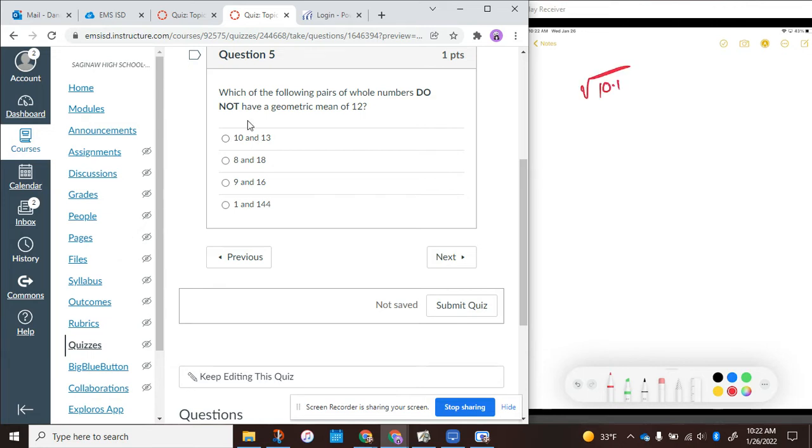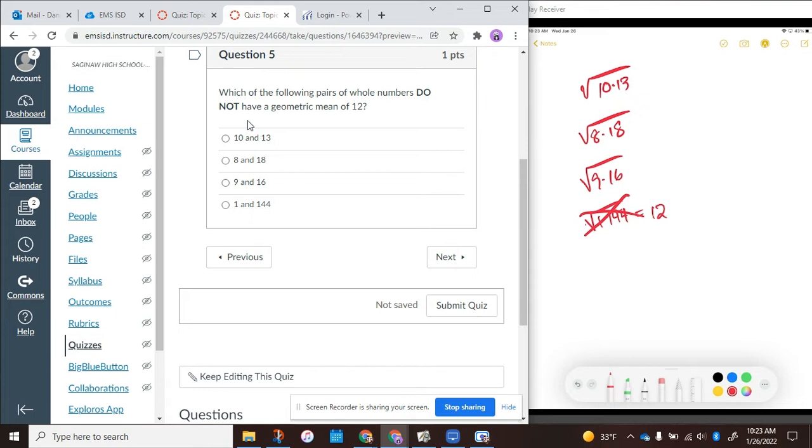Square root of 10 times 13, square root of 8 times 18, square root of 9 times 16, and the square root of 1 times 144. That last one is pretty easy because 1 times 144 is just 144. So we know that one's going to be 12. So we know that that is not a good answer.